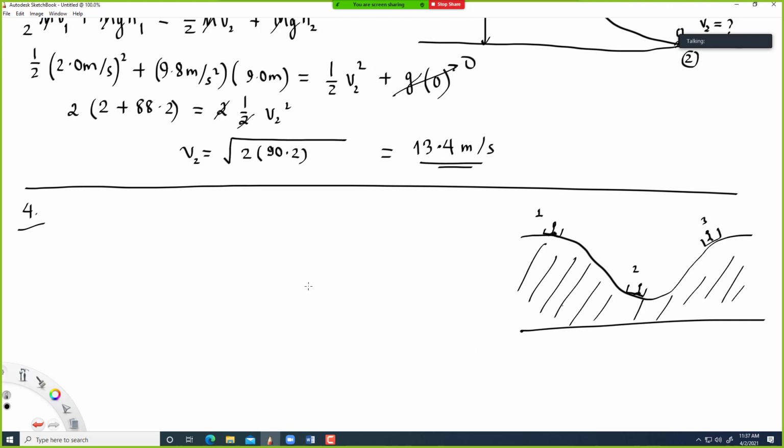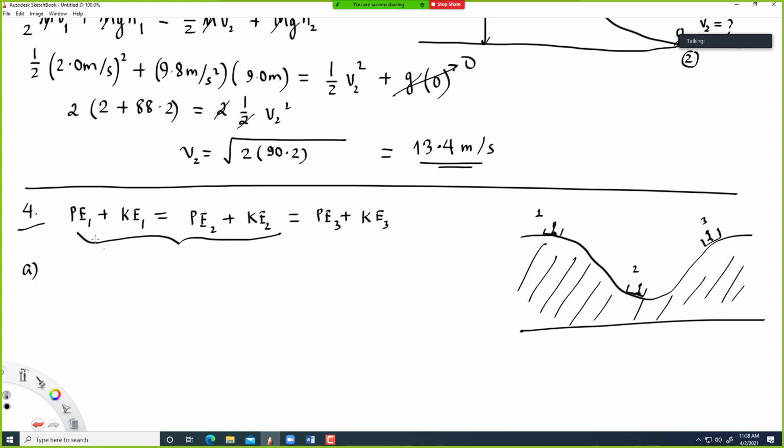So that means potential energy plus kinetic energy at 1 is equal to potential energy plus kinetic energy at 2, which is also equal to potential energy plus kinetic energy at 3. Conservation of energy. So to find the speed of the roller coaster at the bottom of the hill, let's only use these two. We don't need to use all three. So for part A, just use that.